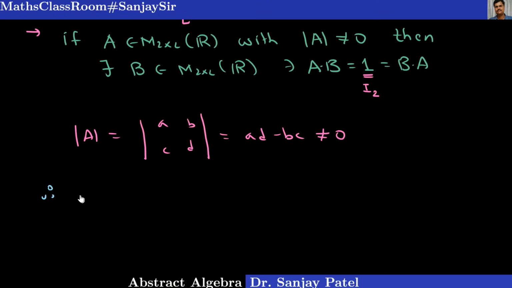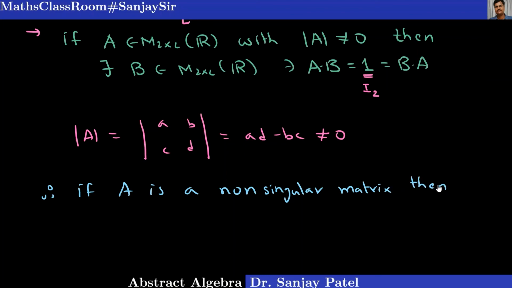So if A belonging to the ring R is a non-singular matrix, then it is a unit. Then A is a unit element of the ring R.